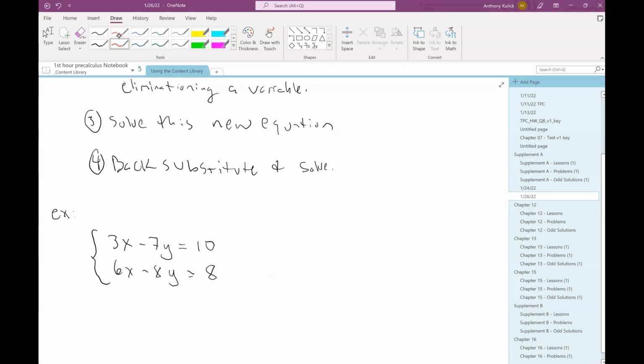So let's say we have the system 3x minus 7y equals 10, and the equation 6x minus 8y equals 8.